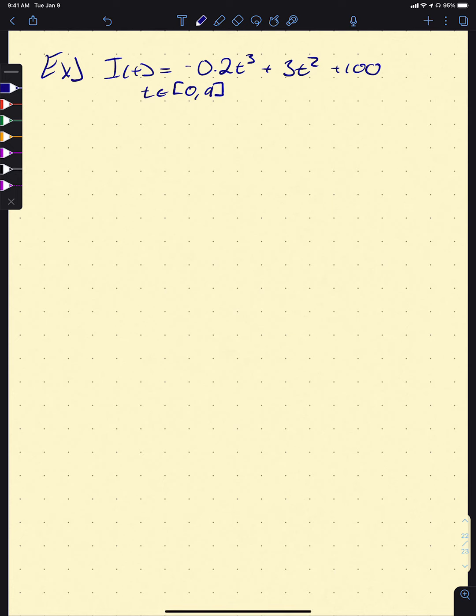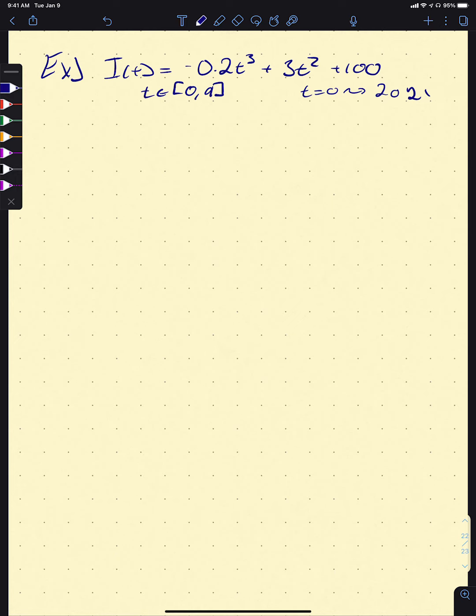Say it gives us the CPI of an economy, and we'll say t equals 0 corresponds to now, 2021. So we'll do two things. We'll first find the inflation rate in, say, 2027, so that's t equals 6. And then we'll look at our second derivative and see what that can tell us.